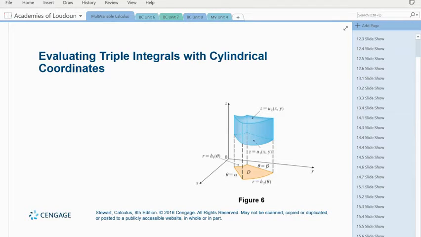Now, to evaluate triple integrals with cylindrical coordinates, we're going to suppose that E is a type 1 region whose projection D onto the xy plane is conveniently described in polar coordinates, as shown in figure 6.